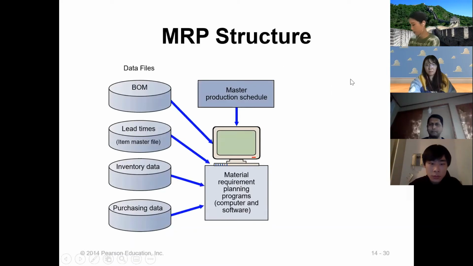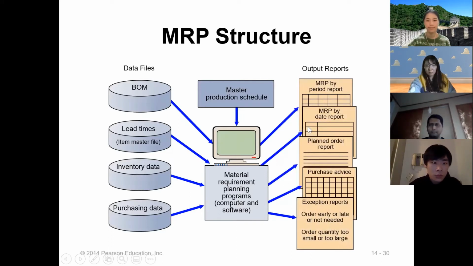And the MRP structure, I've already explained to you, these are the data files, and you need the master production schedule before you can actually come up with the material requirement planning. Normally they use software. Software is very easy, but I've seen software which is actually quite complicated.